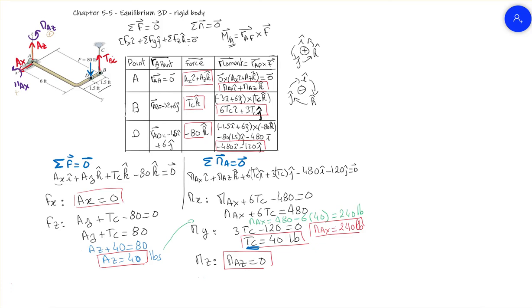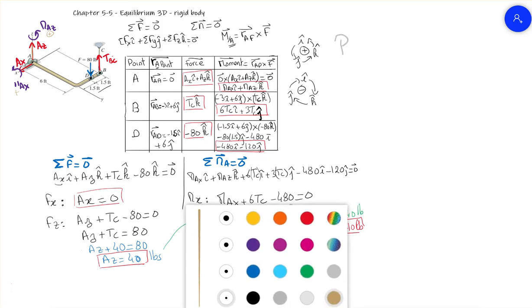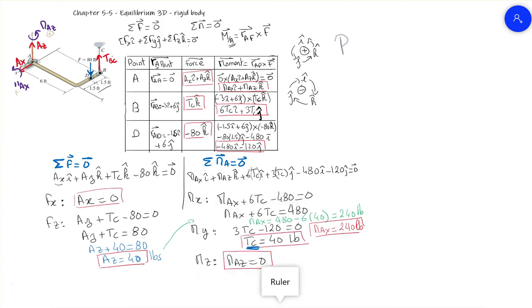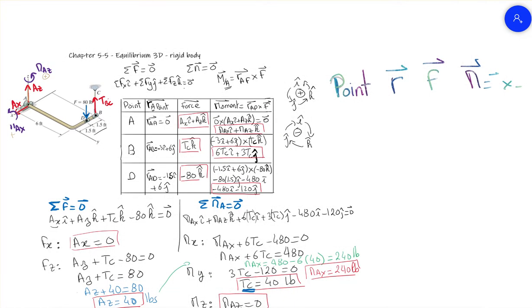So what we have to remember is, in this table, we do point first, R the position vector, F the force vector, and the moment vector that is equal to R cross F. In this table, every point you should consider is every point where there is a force on it, given or unknown, and R is going from the point where you do the moment to the point.